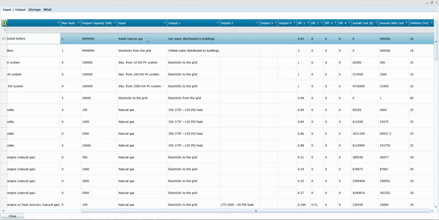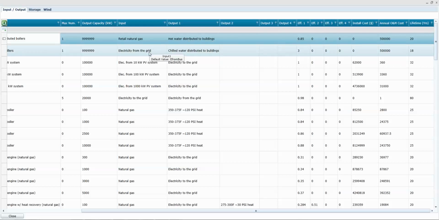The overall cost for that fixed infrastructure is much lower when you're using a lot at a central plant than it is for those smaller distribution pipelines that are going around. So we've actually broken out two different costs there. And then hot water distributed to buildings, that's what you're going to get out of distributed boilers.